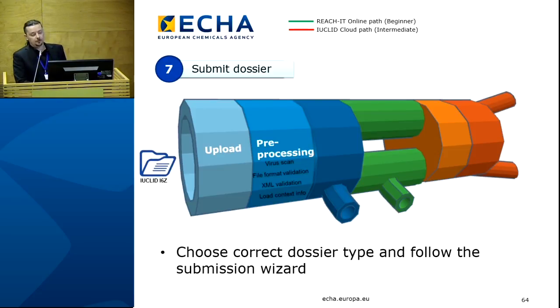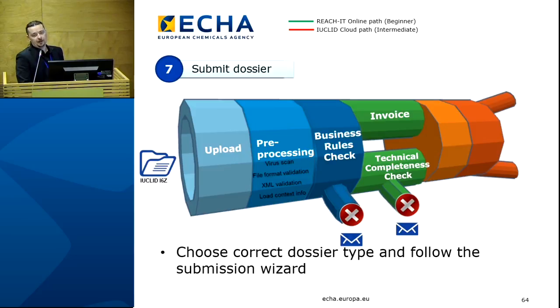After that, it goes through a set of pre-processing, so virus scanning, validation that the file is of the correct format, etc. After that, the business rules are checked to make sure that there is enough data, and that the dossier comes in the correct context. That's what Alexis just failed. If it comes in the correct context and has enough basic information to start the process for real, this is happening. And then it's split up into two separate parts. There is the invoicing part, and then there's the technical completeness check part.